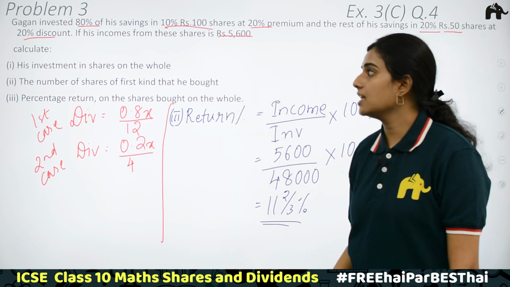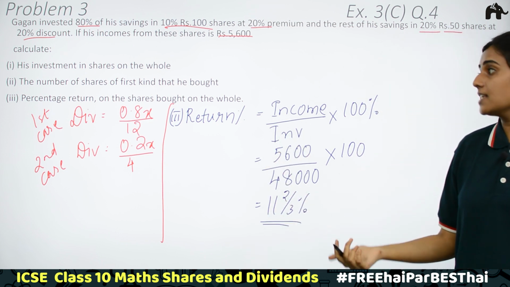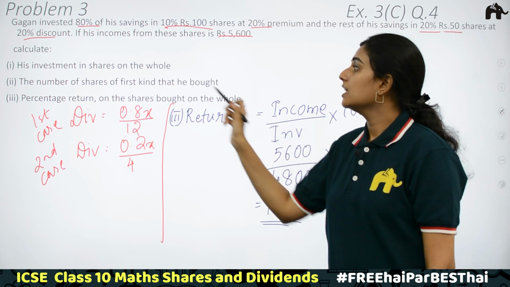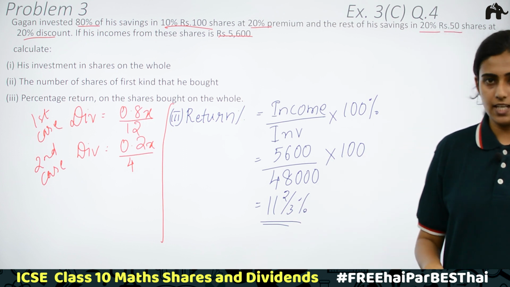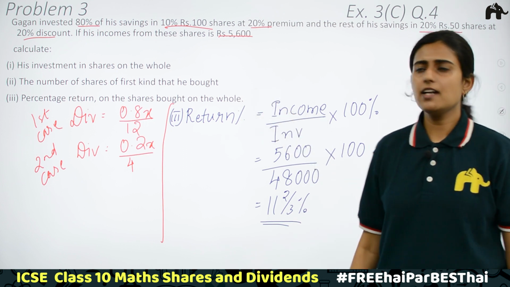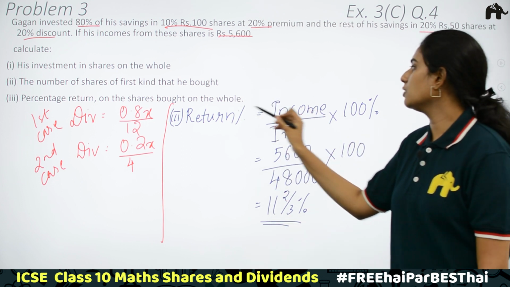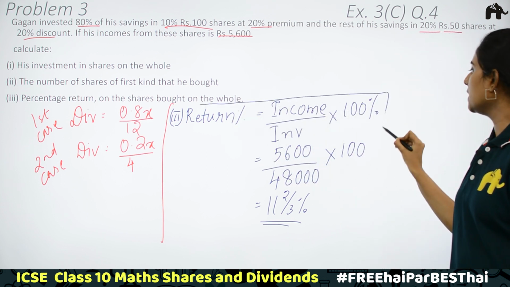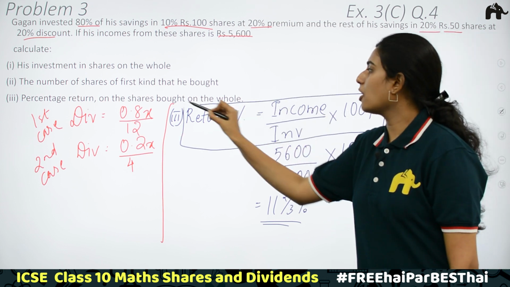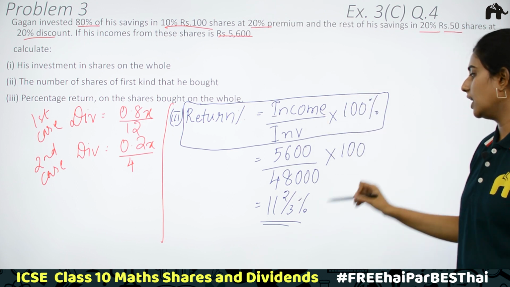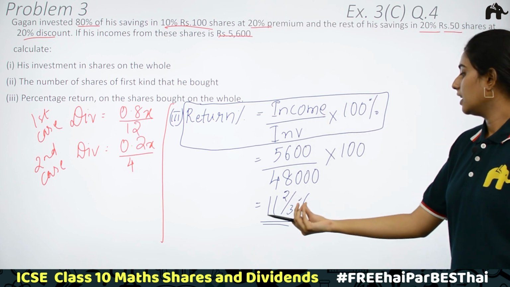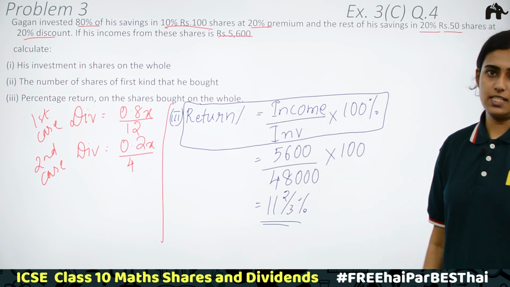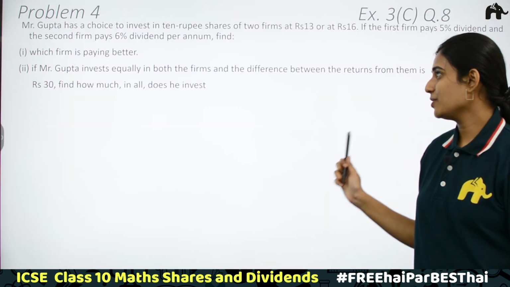In the second question, using the value of X, we calculated the number of shares of the first kind. And in the third part, just using this formula to find the return percentage or the profit percentage, we calculated the return percentage. Clear?